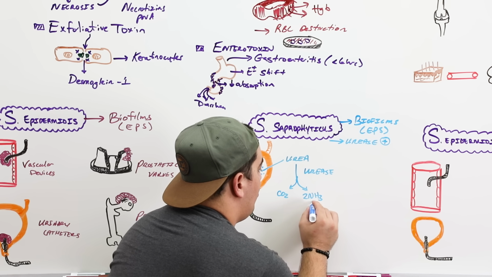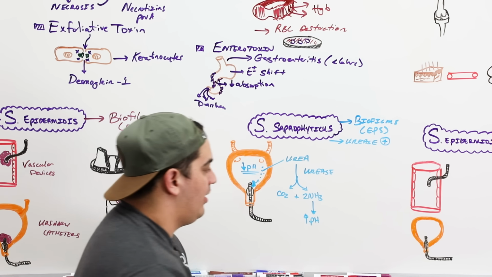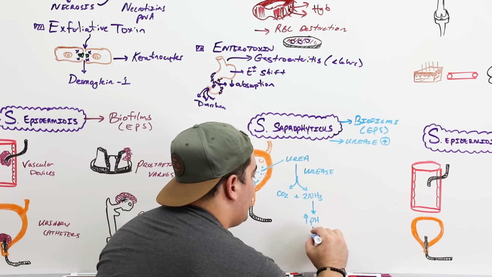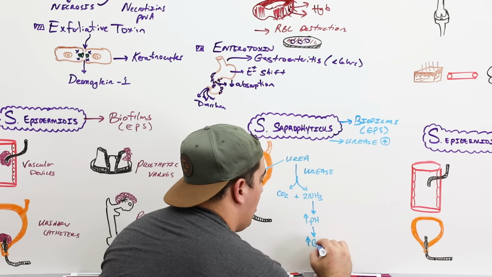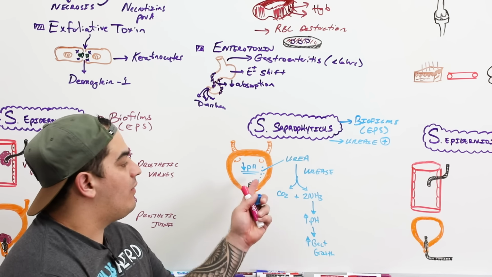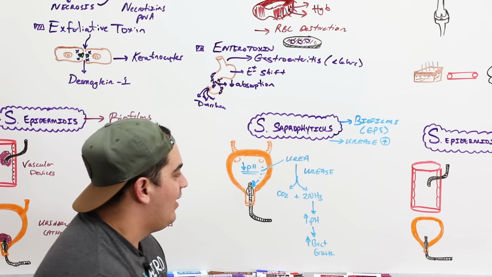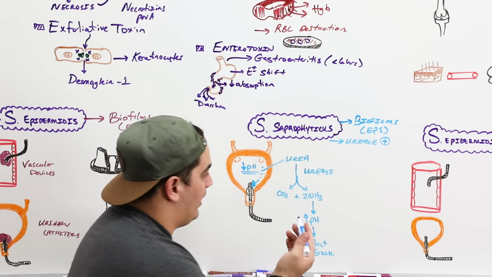So what this is going to do is bring the pH back up. If you increase the pH, you can increase bacterial growth, because now it's easier for bacteria to grow in higher pH environments. Pretty cool, right? And not for us, but for the bacteria it is.